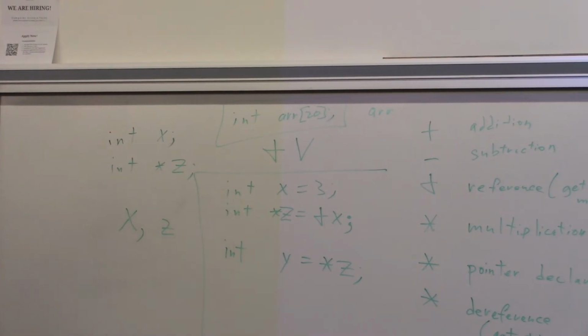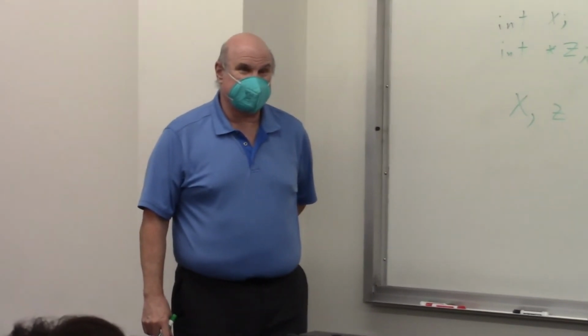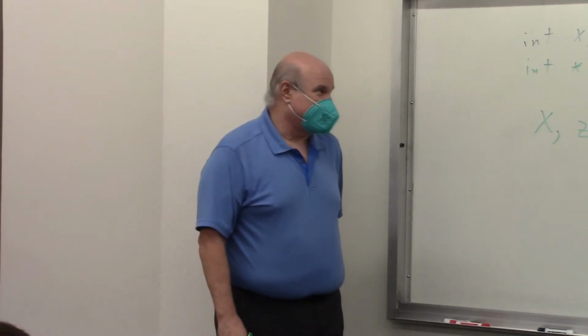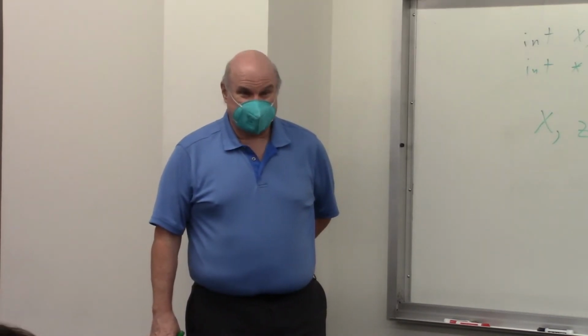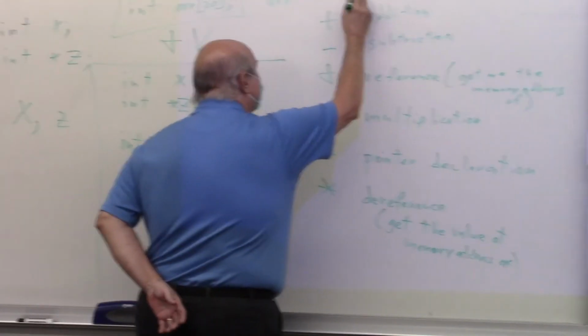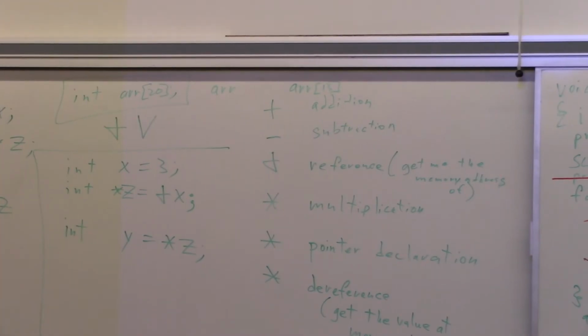Arr is treated as a pointer to the entire set of memory that starts at arr sub 0. But arr is a pointer. As soon as you subscript it, it becomes the value. Look up arrays as pointers. Read up on it. Read the stuff.